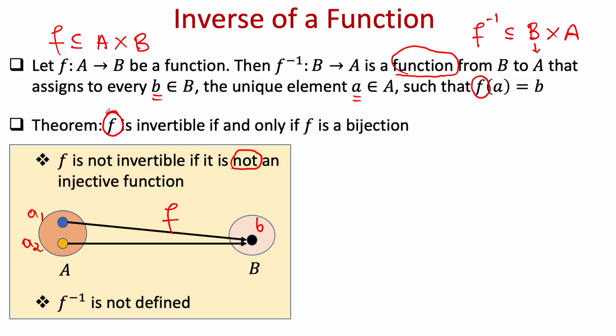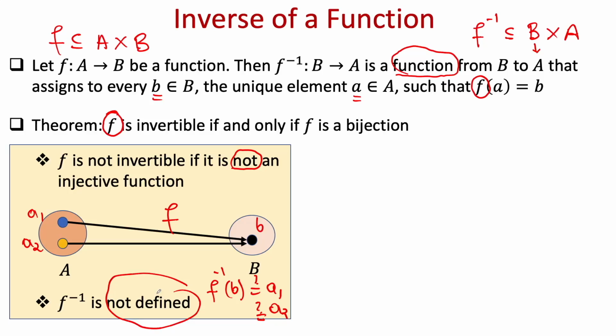Here I am assuming my f is not an injective function, so this is possible. But if this is the case, what can you say about the inverse of b? Will you say f inverse of b is a1, or will you say f inverse of b is a2? It's ambiguous here. We can't find the image of the element b as per the f inverse function. So f inverse will not be defined.